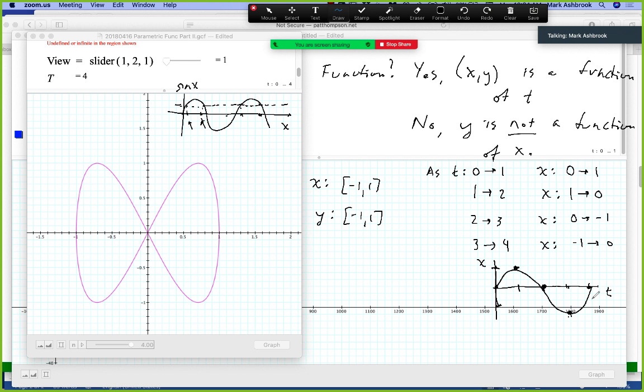But then we have an argument issue here, right? So for the sine graph, what's half of a cycle of sine? It's pi. A full cycle is 2 pi.